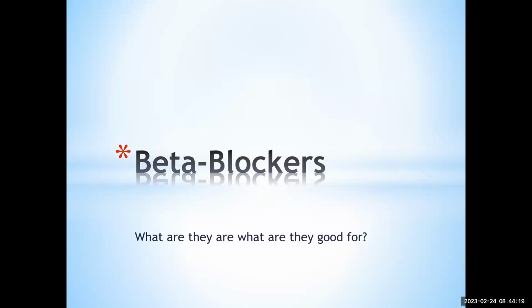Beta blockers, what are they good for? Well, they're good for a whole lot of things. So if we think about the peripheral nervous system, the peripheral nervous system is divided into a voluntary, the motor neuron system, the somatic nervous system that controls the voluntary movement of skeletal muscles, and the autonomic nervous system that controls the involuntary movement of smooth muscles.